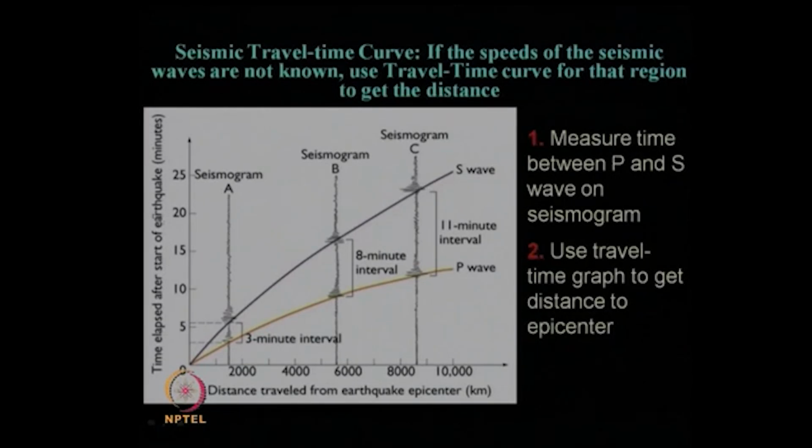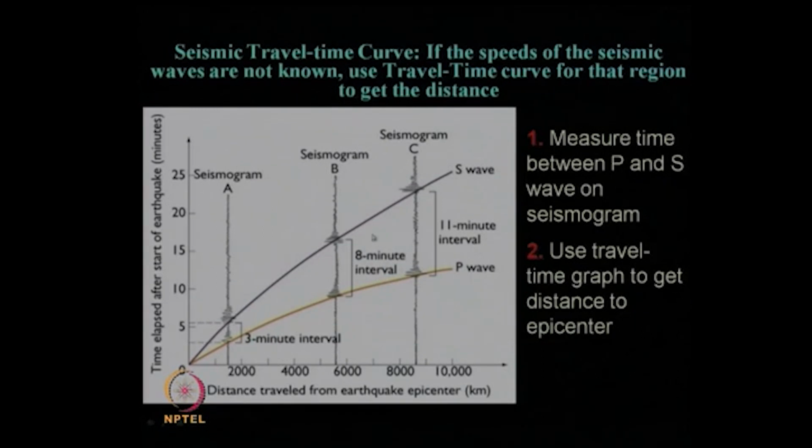Now, let us say all over the world there are various seismogram data which we have collected for a particular earthquake. Look at their values of arrival time difference between P wave and S wave. You will find that at some station the arrival time difference is, for example, as shown over here, 3 minutes. In some station it is 8 minutes, in some station 11 minutes. What does it mean?